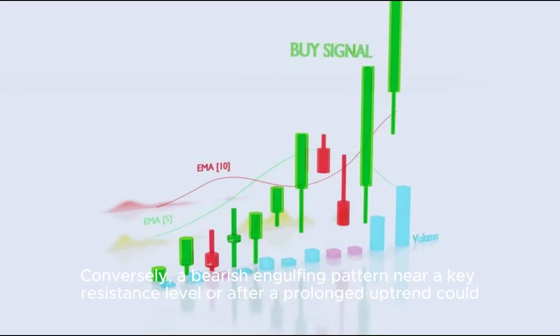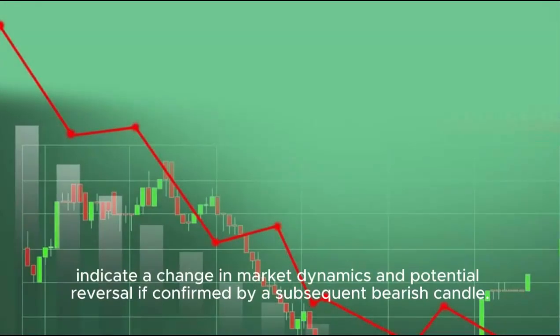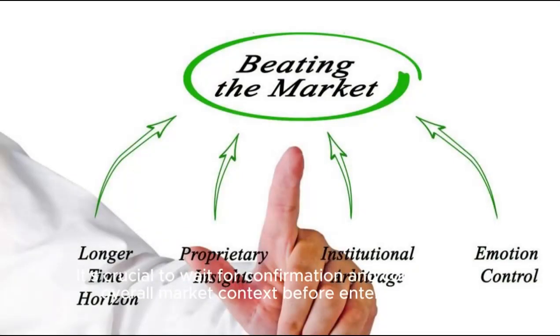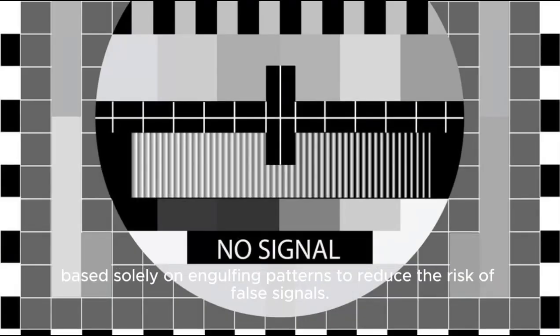Conversely, a bearish engulfing pattern near a key resistance level or after a prolonged uptrend could indicate a change in market dynamics and potential reversal if confirmed by a subsequent bearish candle. It's crucial to wait for confirmation and consider the overall market context before entering trades based solely on engulfing patterns to reduce the risk of false signals.